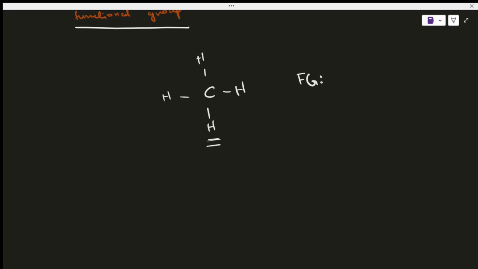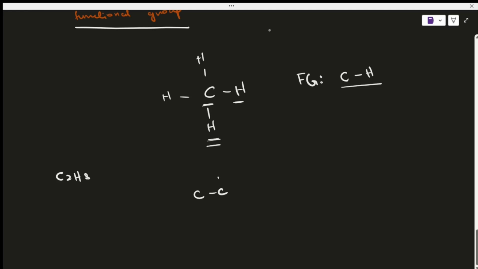So let's say I take the functional group in alkanes. For the whole alkane series, the functional group is a carbon atom bonded to a hydrogen atom or any other carbon atom. For example, in this part, the functional group is this one, a carbon bonded to H. If I were to draw another alkane molecule, that is C2H6, so that's 1 2 3 4 5 6.